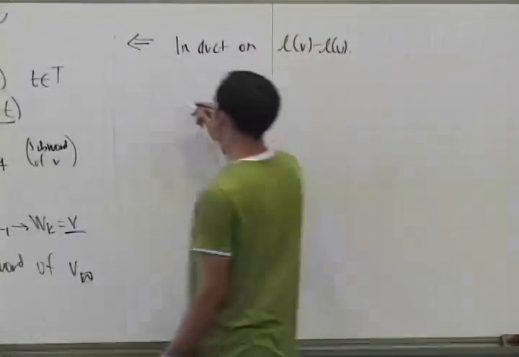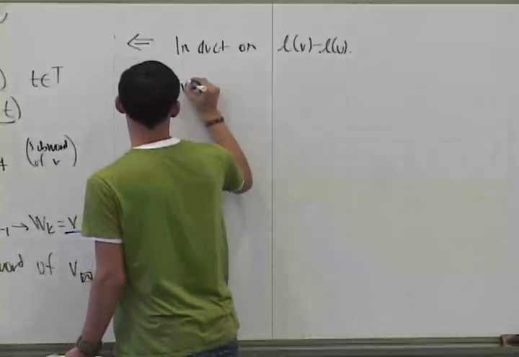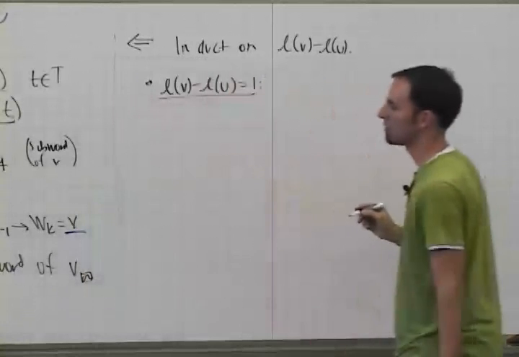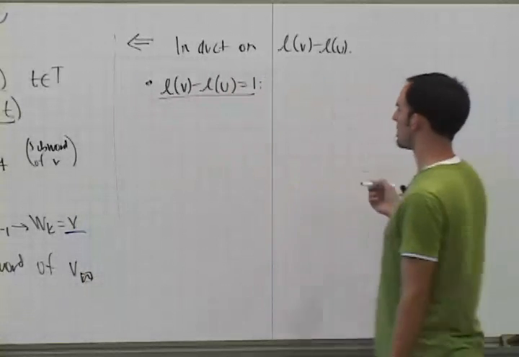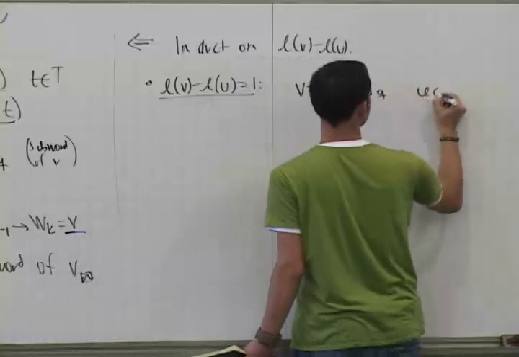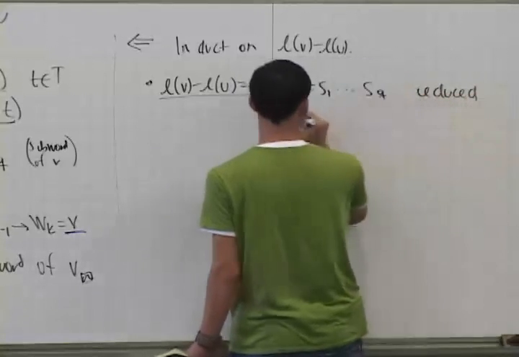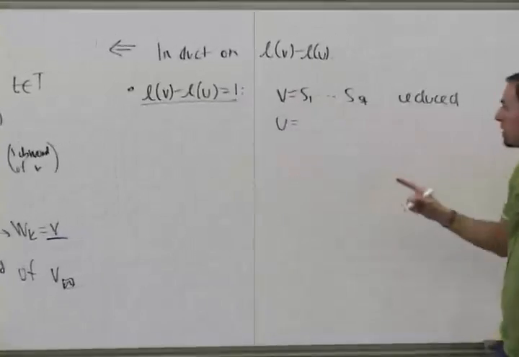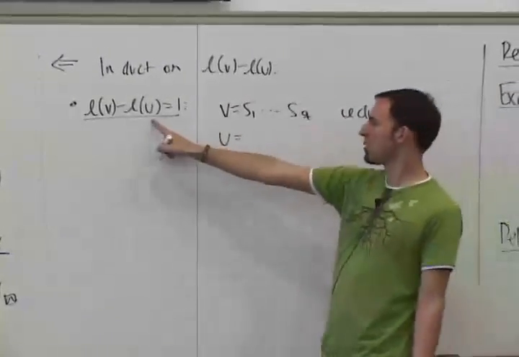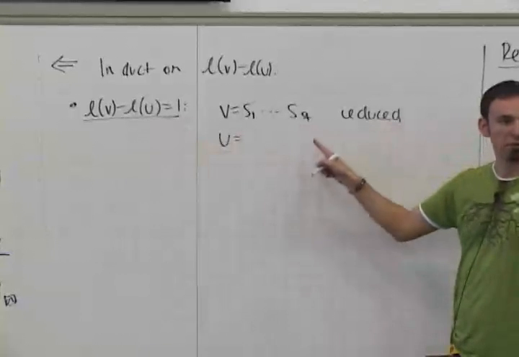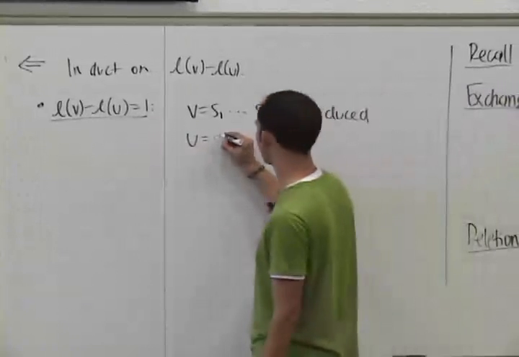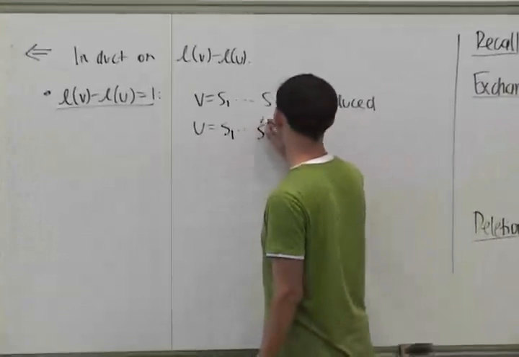So first let's assume that that difference is 1. Okay? So V equals S_1 up to S_q is reduced. U is supposed to be a subword of it, but V has length q, so U has length q minus 1. So that reduced word must be obtained by removing only one letter. Let's say that it's i.